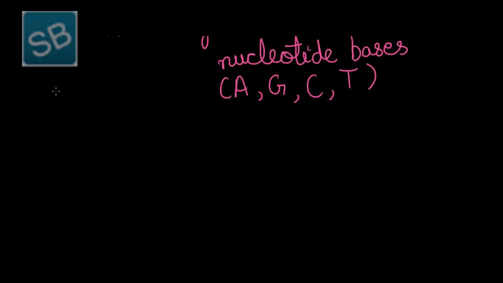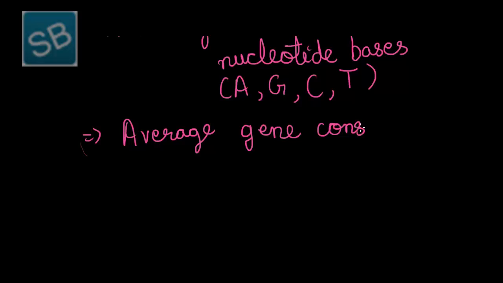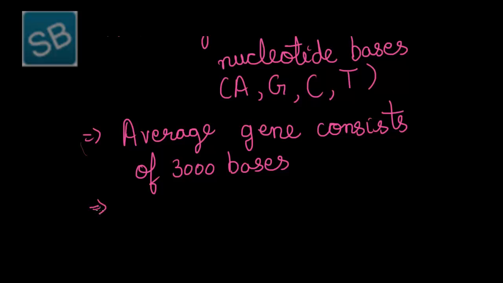However, on an average, a gene consists of 3000 bases. And the total number of genes that is estimated is about 35,000.